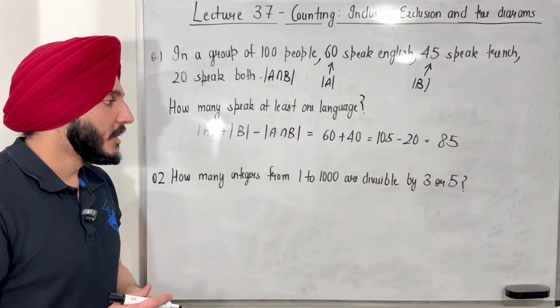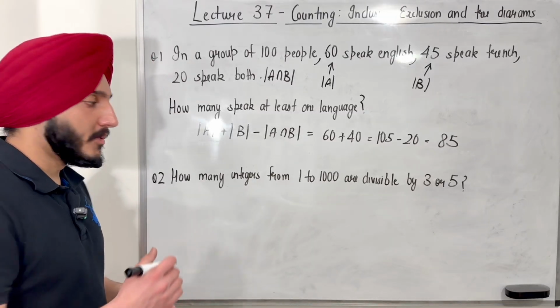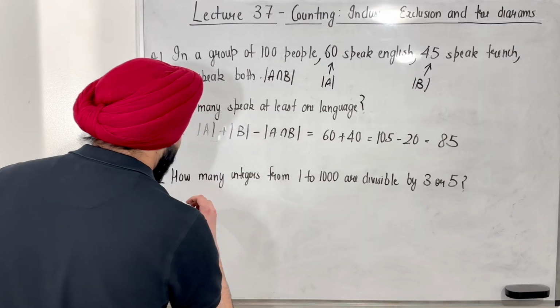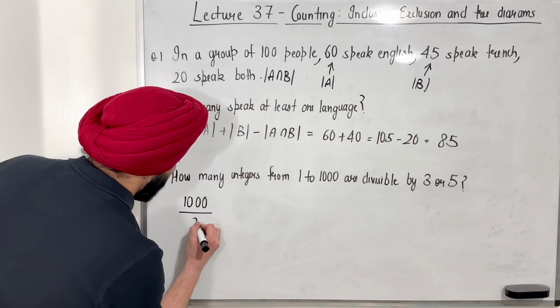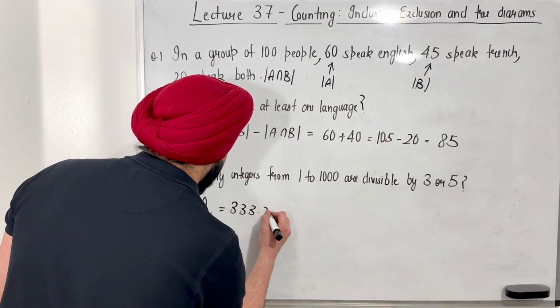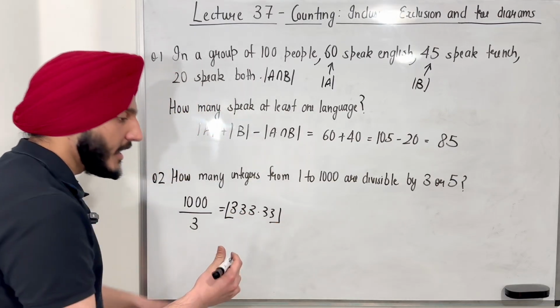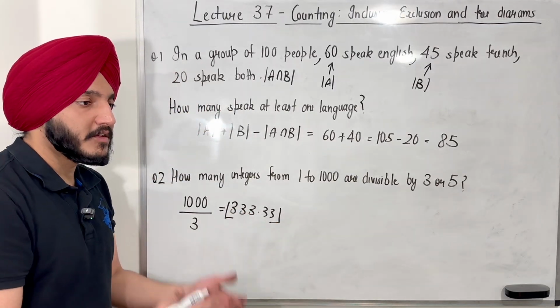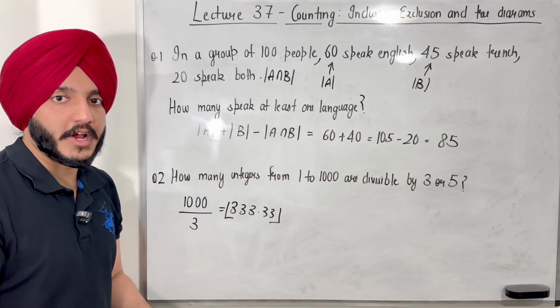Just the simple part. If I need to find all the numbers that are divisible by 3, I can simply do 1000 divided by 3, which would give me almost 3.33, and I would have to floor it. Floor basically means if it is a decimal value, you go to the lower side of the decimal point.